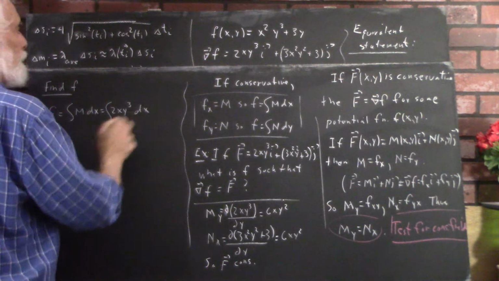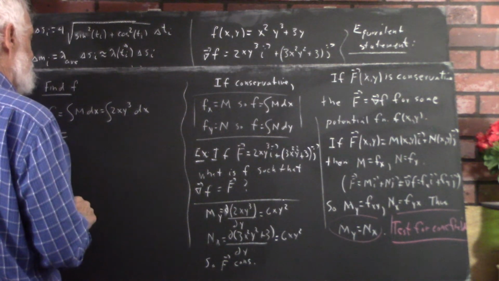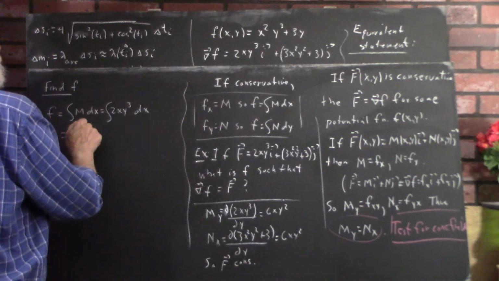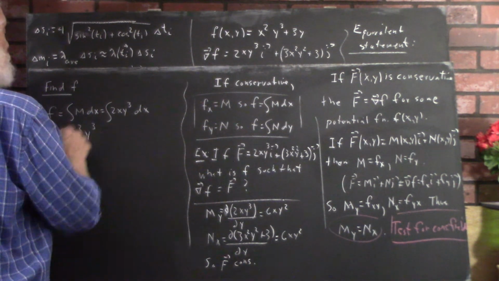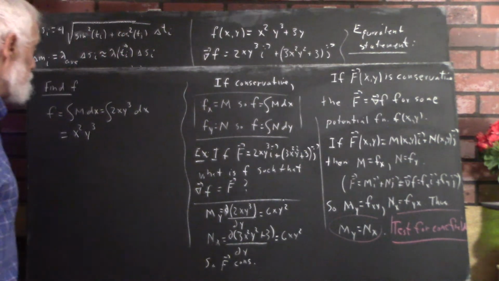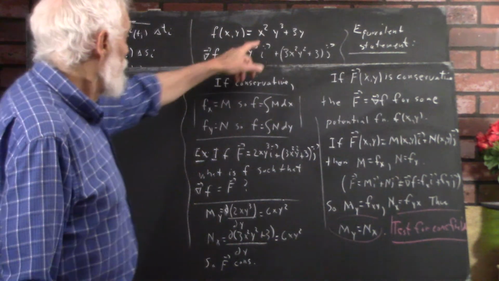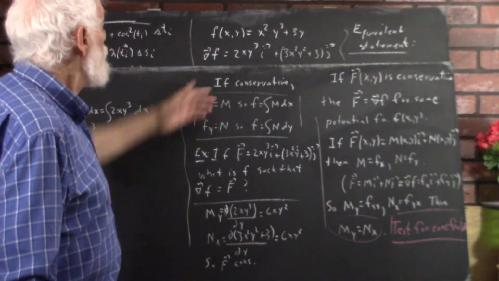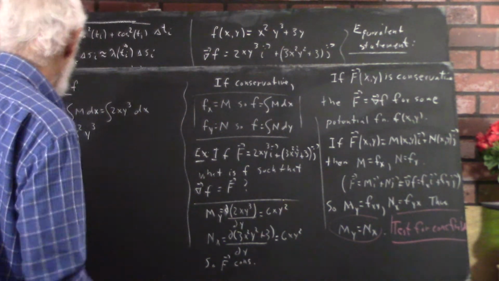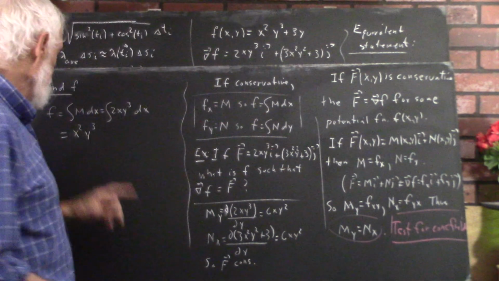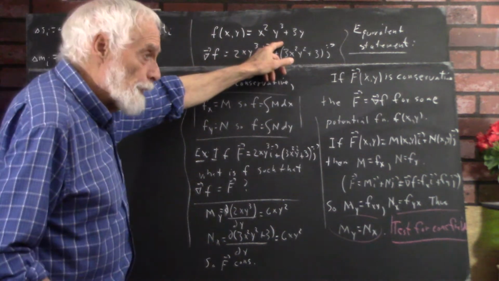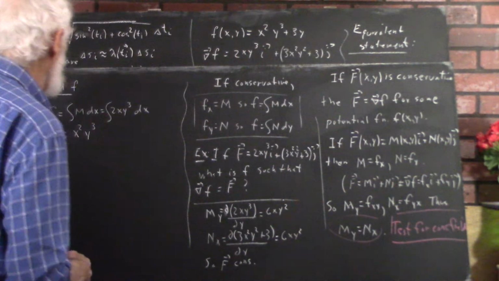Well, the antiderivative of 2x y cubed is x squared y cubed, and that matches what we know to have been the potential function that we pretend we didn't know in the first place. We've already discovered this much about the potential function.